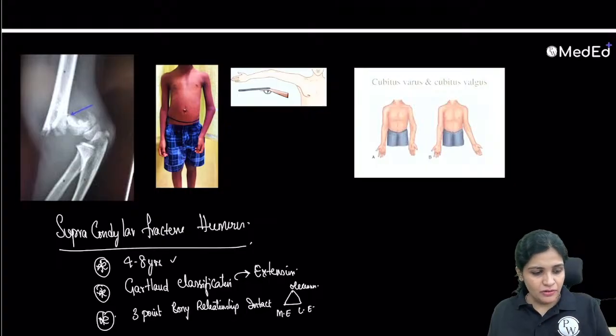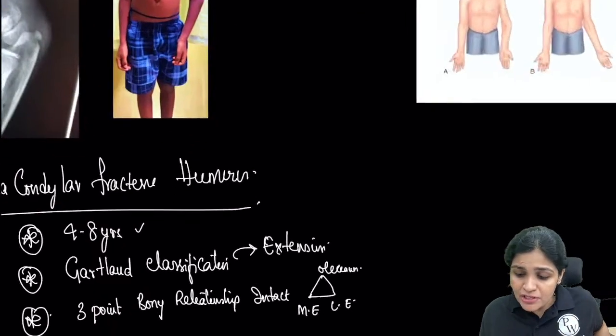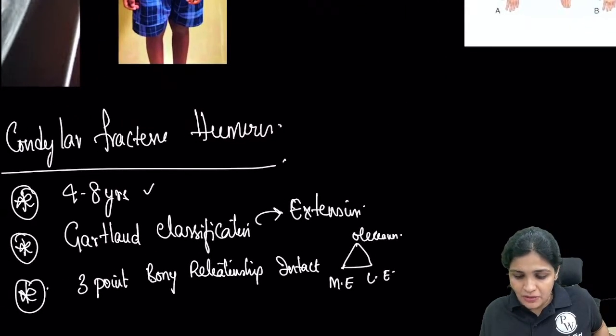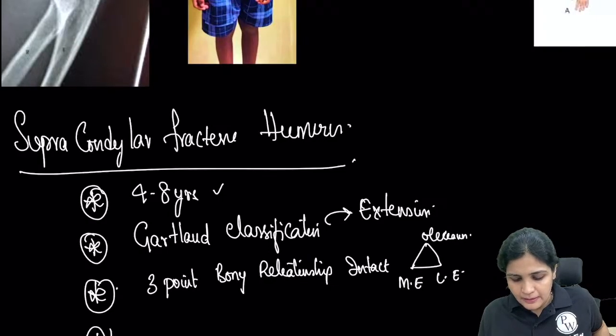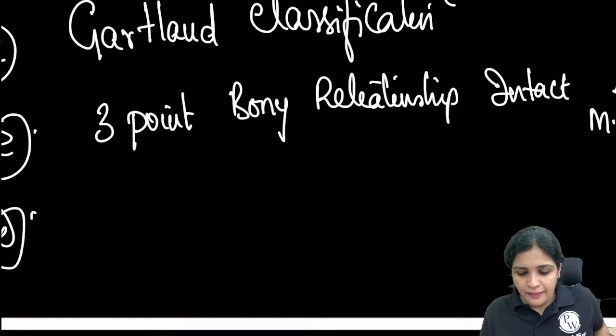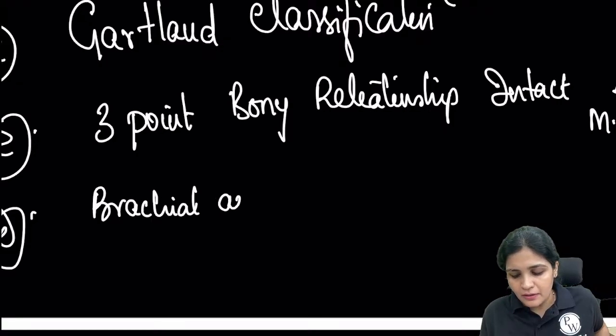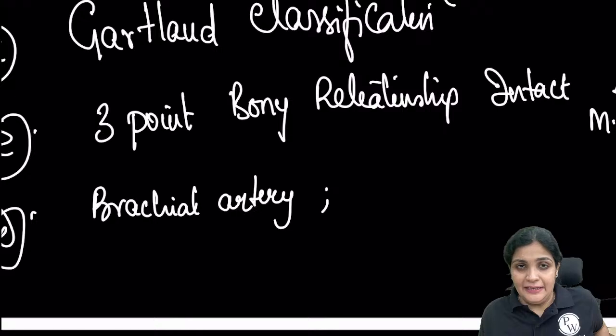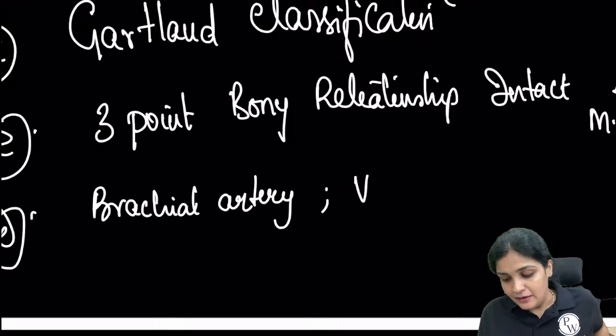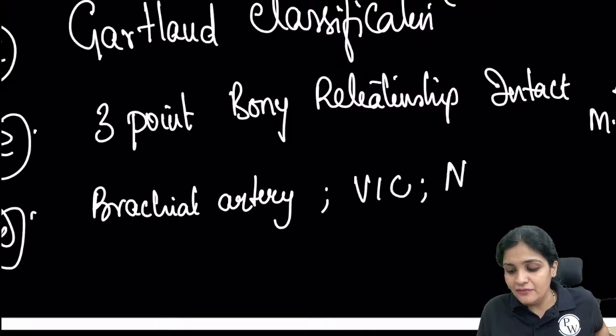Very good. And what is the most common complication of the supracondylar fracture? Involvement of the brachial artery, and then nerve injury.